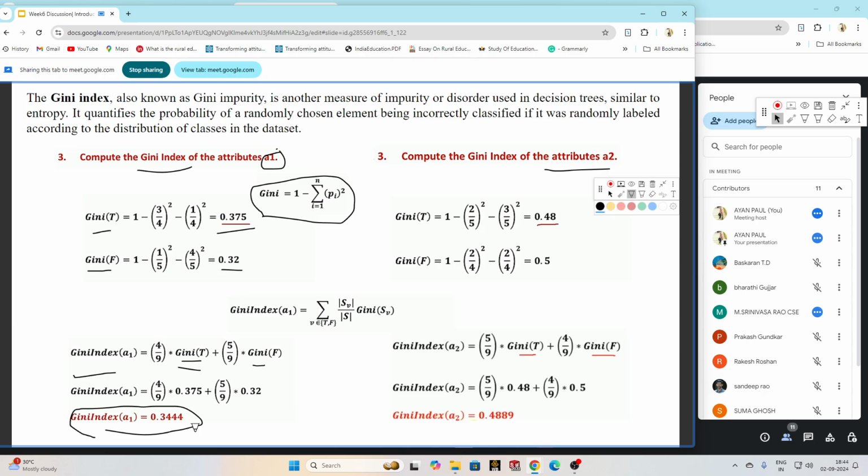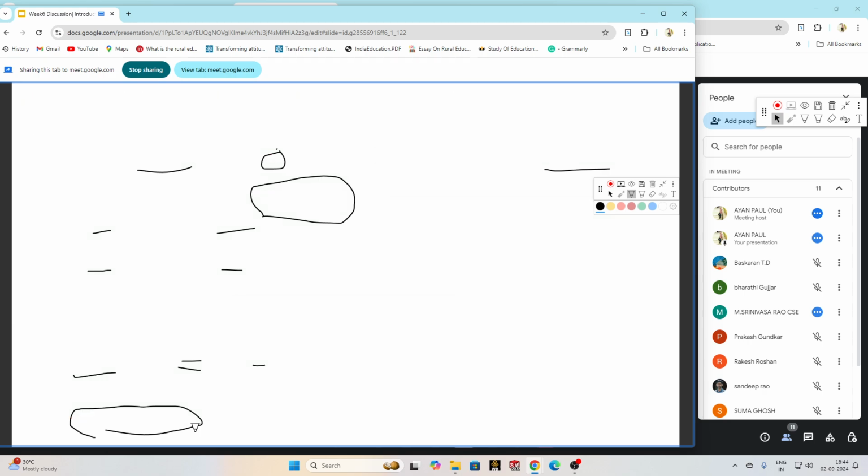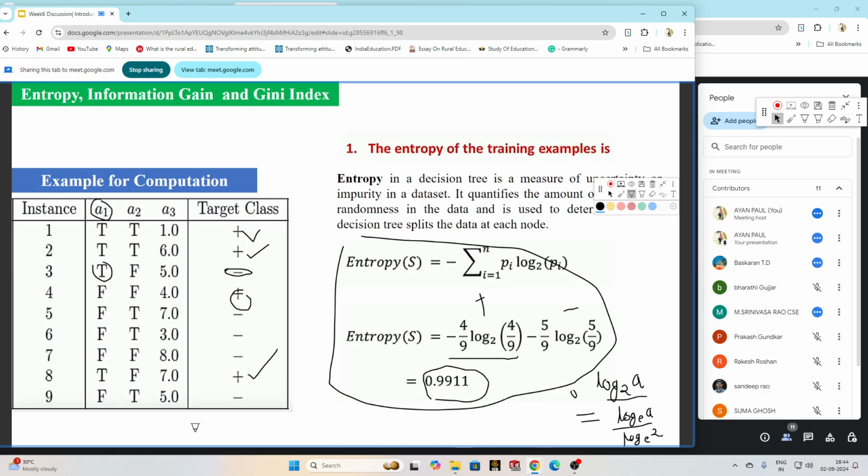Clear, right? In the information gain, how is the entropy of S calculated? It is 0.99. The entropy of S is for your output set. In the output set you can see there are 4 positive predictions and 5 negative predictions. So what is your entropy?